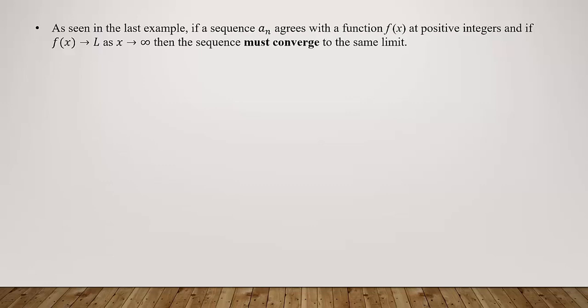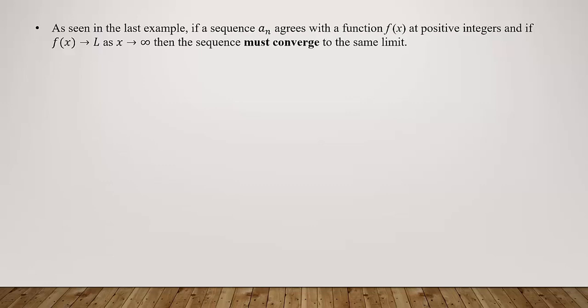Function of reals, it's continuous. The graph is said to be continuous, and the dots are connected. So as we saw in the last example, hopefully that was looking familiar. But if you have a sequence a sub n that agrees with the function of the reals, f of x, and they agree at the positive integers. Remember, agree means they're kicking out the same range values.